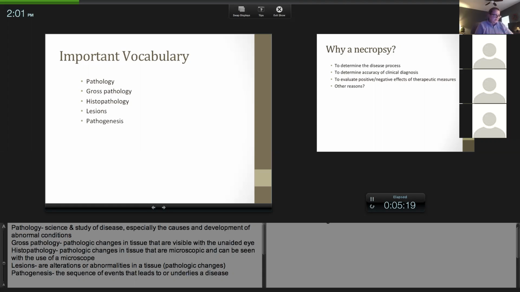And then when we talk about pathogenesis, well, path is disease and genesis is the start or creation. So pathogenesis is the sequence of events underlying a disease. For example, if a dog dies of leptospirosis, you go back and the owner says 2 weeks ago the dog played in a pond, drank water, 5 days later fever, vomiting, abnormal lab work, hospitalized, moves into renal failure, dies.